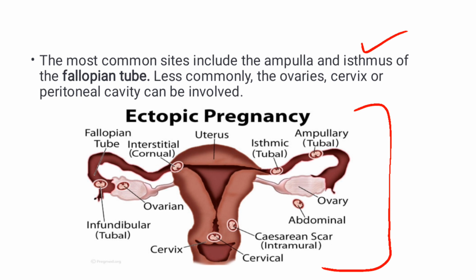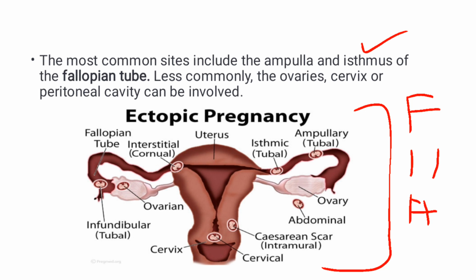Okay, so a way to remember the position where someone can have an ectopic pregnancy in the fallopian tube. The fallopian tube has the fimbriae, the infundibulum, the ampulla, and the isthmus.